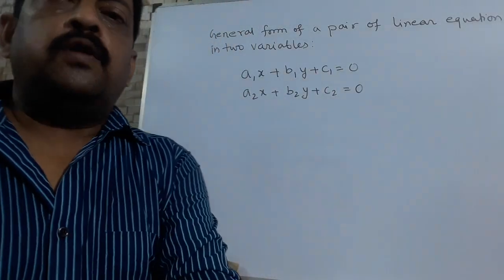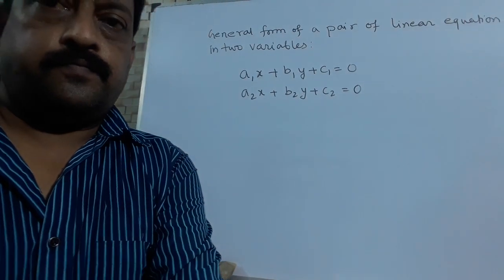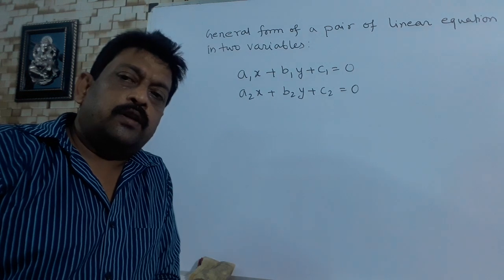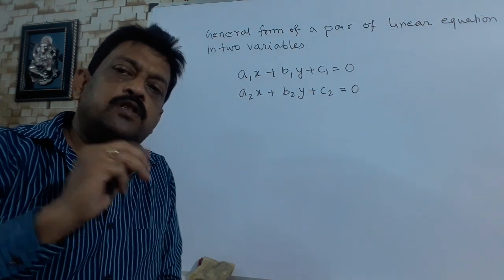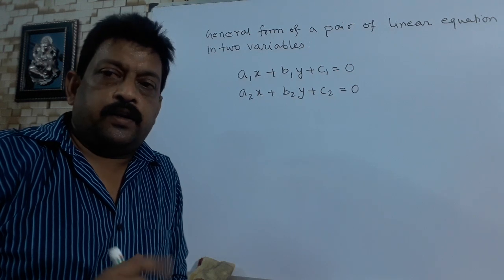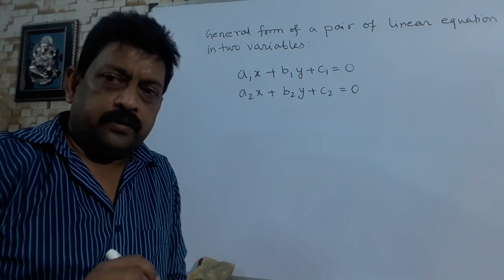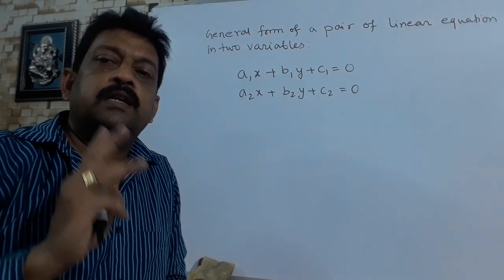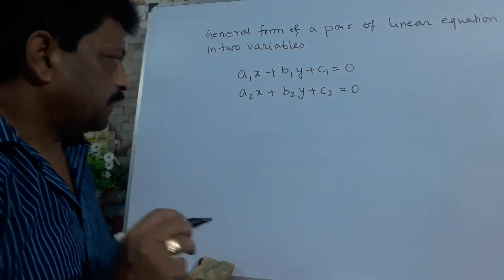Now since there are two lines given, therefore there are three possible cases for any two straight lines. If we plot them on the graph paper, that is on the Cartesian plane, then three possible cases may arise.